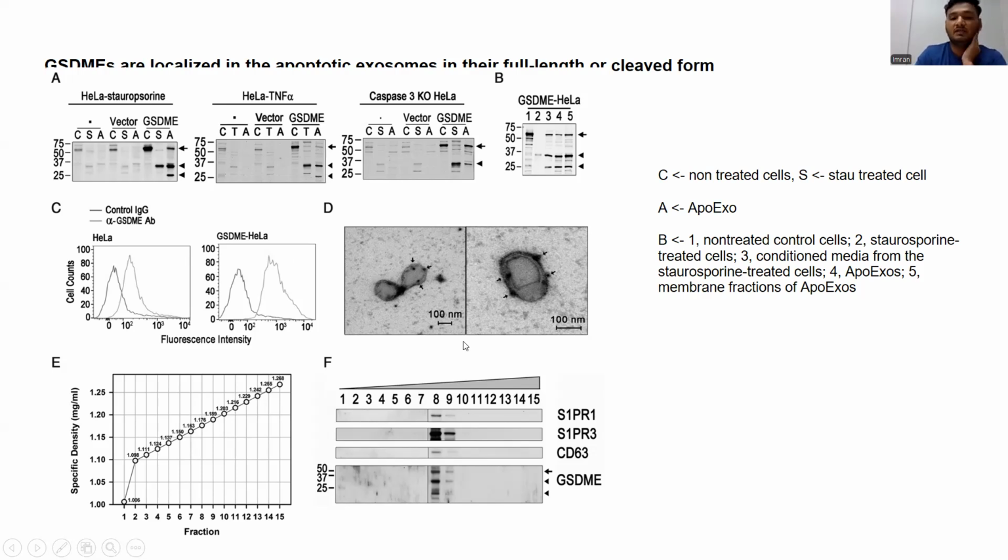Full-length and cleaved gasdermin E fragments were present in the same fractions as exosomes in the density gradient centrifugation, showing that full-length and cleaved gasdermin E are present in the apoptotic exosomes.